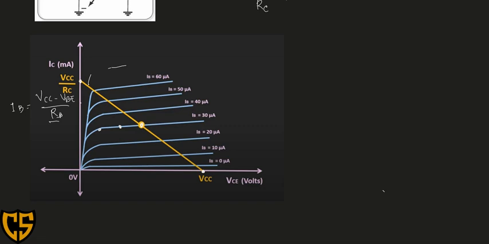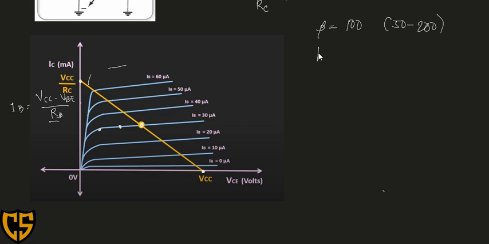So for example, given that beta is equal to 100. But depending on the temperature change or the specific transistor, beta can range from 50 to 200.